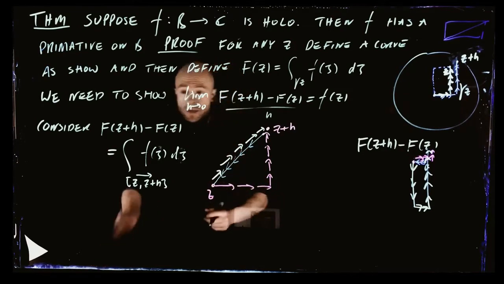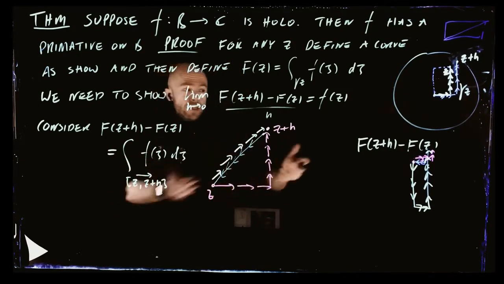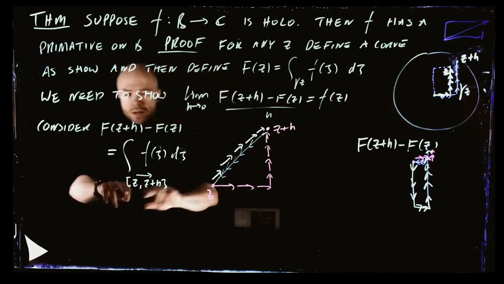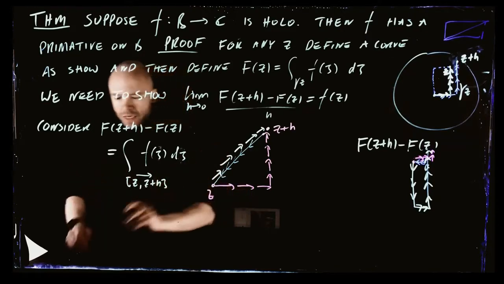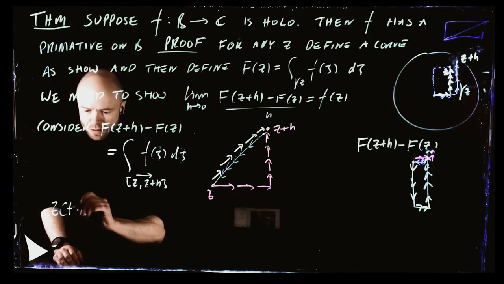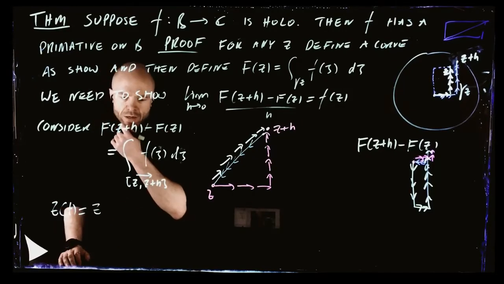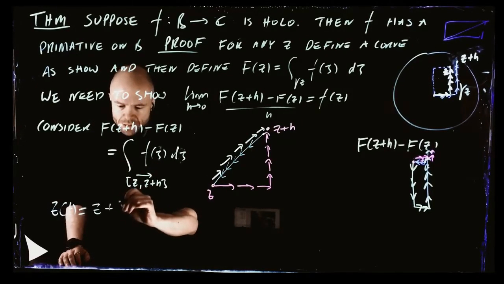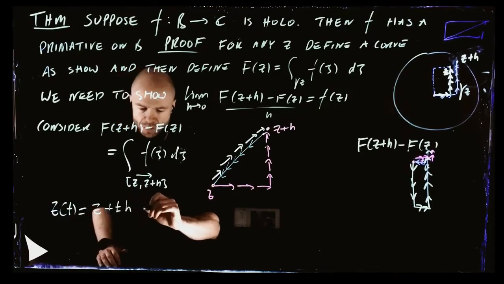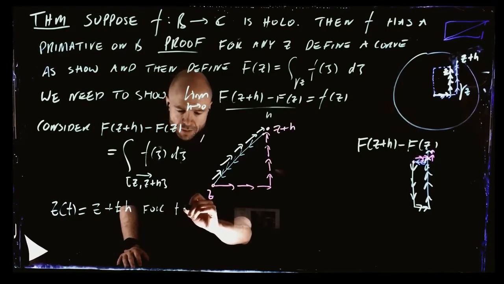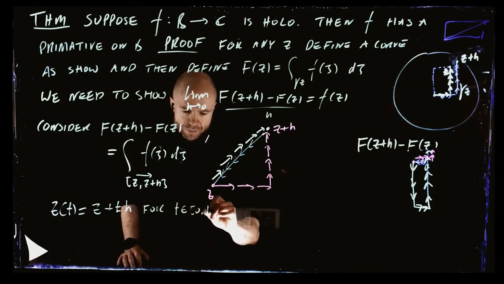Cool. All right. And this thing is an easy thing to calculate because we can just put a parameterization for this little line segment here. So let's say z of t is equal to z plus t times h for t belonging to 0, 1.